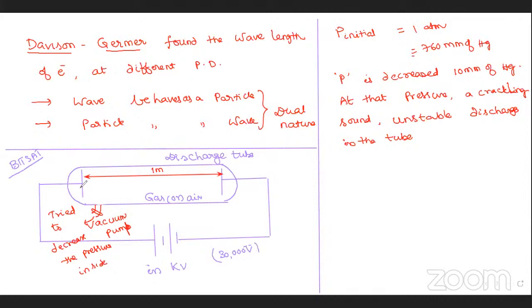That's why we are not finding any current if you connect an ammeter here. Now you understood. Sir, it won't reach the other end because of those gas particles, the insulator particles.